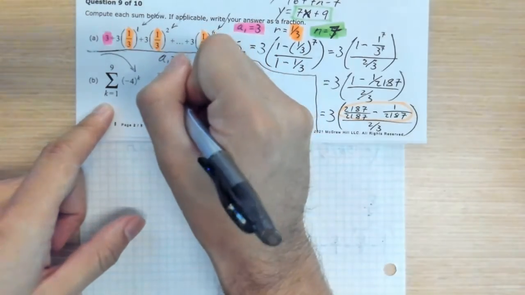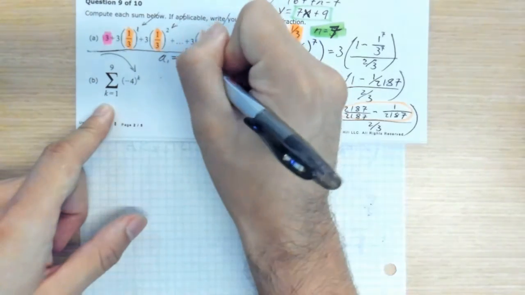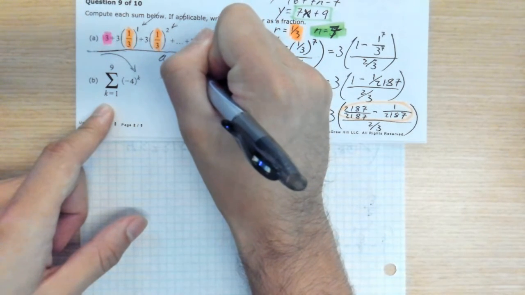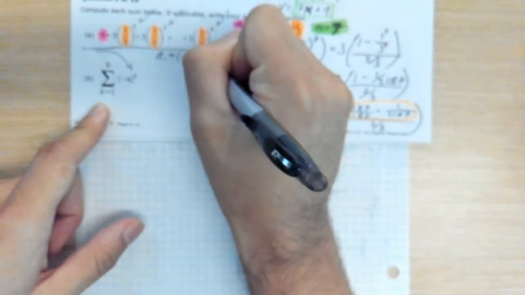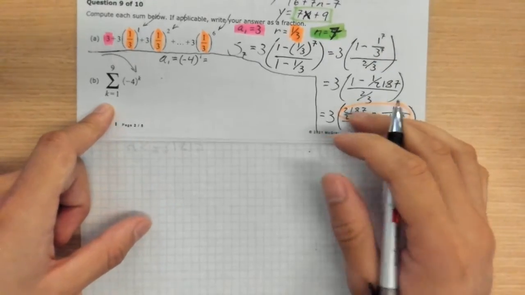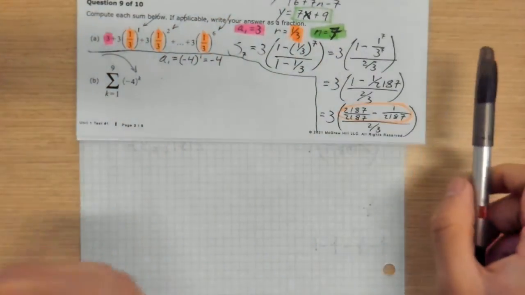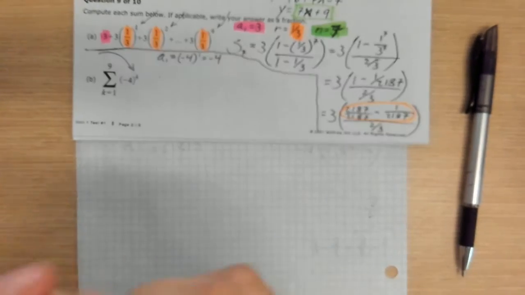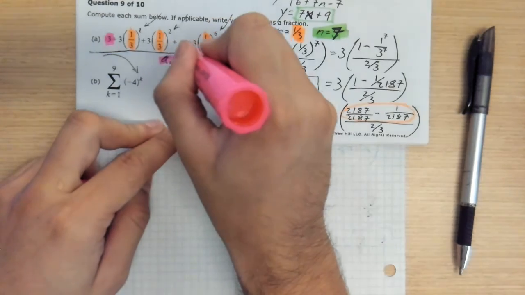So if k is 1, it's going to be minus 4 raised to the first power. What's minus 4 raised to the first power? Same. It's minus 4. So the first term is minus 4.